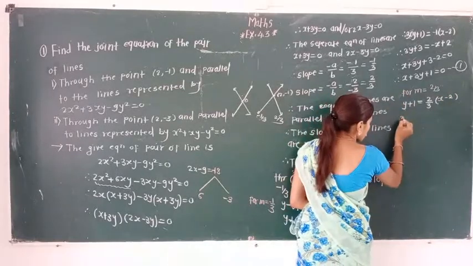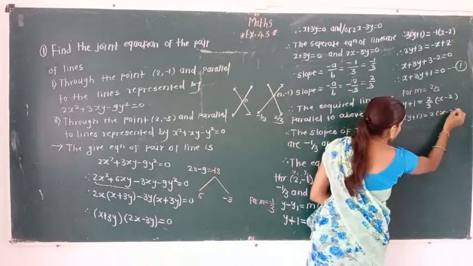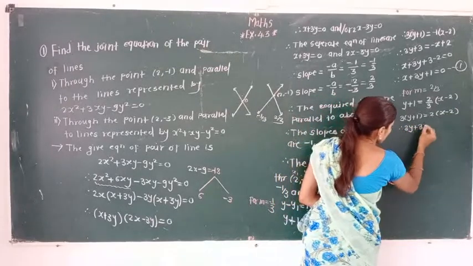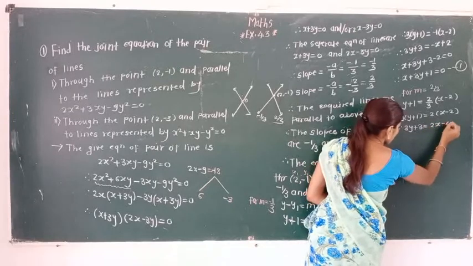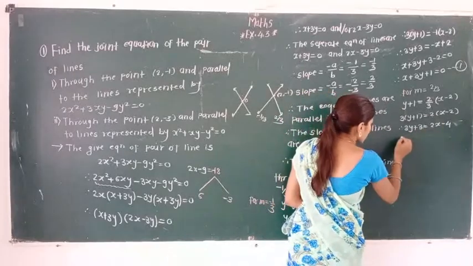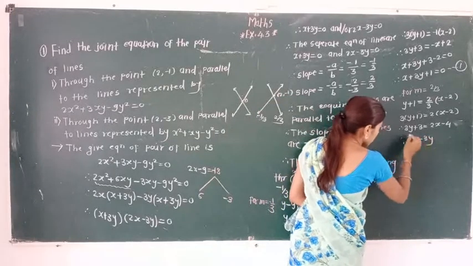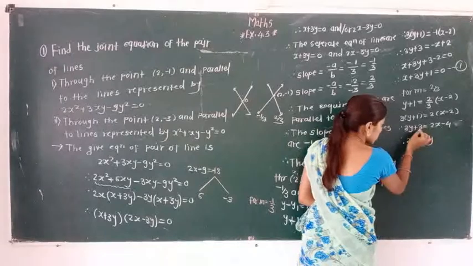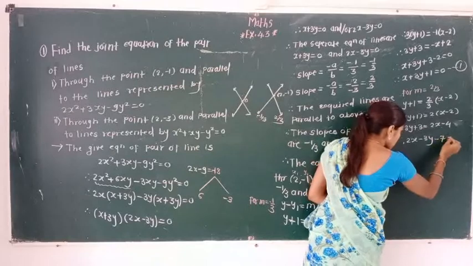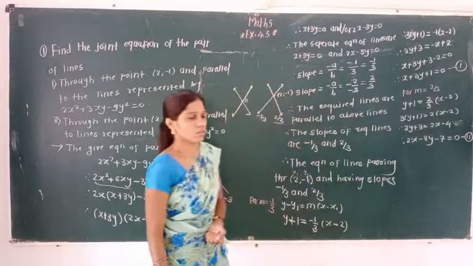Simplify this equation: 3 in bracket y plus 1 is equal to 2 in bracket x minus 2. We get 3y plus 3 is equal to 2x minus 4. Transform all terms to the right hand side: 2x minus 3y, minus 4, and this plus 3 transforms to the right hand side, minus 3 minus 4 gives minus 7, is equal to 0. This is the equation of the second line.